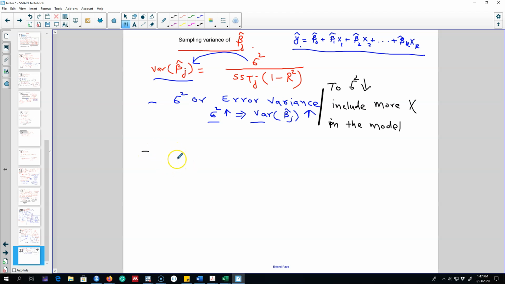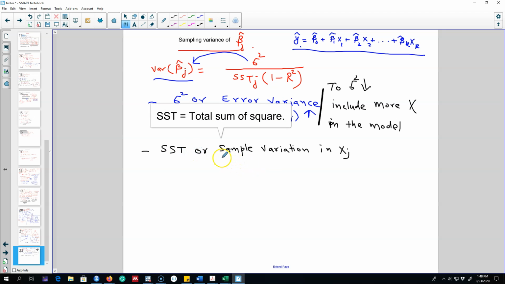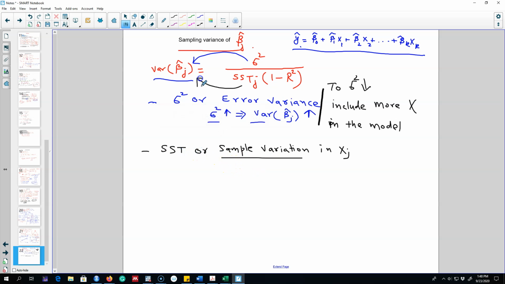The second component is SST, or the sample variation in the xj variable. Since there is a negative relationship between SST and variance of beta j, if SST increases, variance of beta j decreases. That is, if we want to make precise estimates of beta j and reduce our confidence intervals, we have to increase SST.